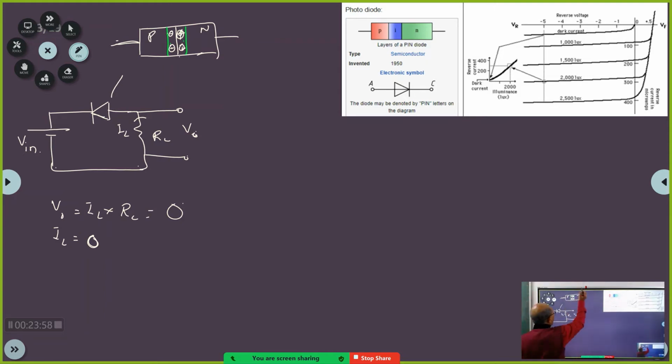Now imagine if you provide some energy such that the electron which is locked here by the hole that has come here is released. If the electron is released here by some energy, what will happen? You know that there is an electric field like this because it is reverse biased.